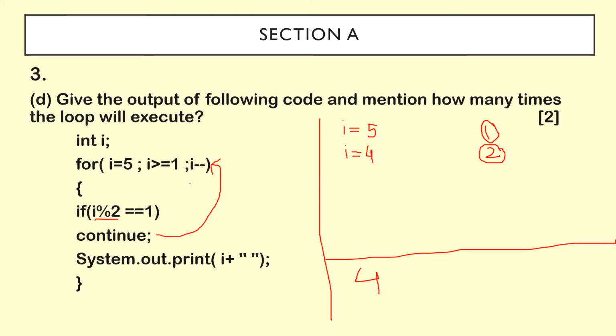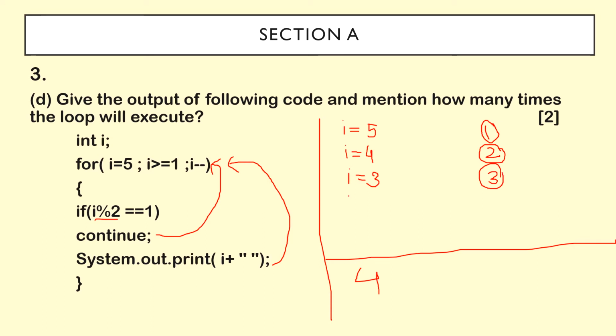After printing it will go back again to the for loop. Now I minus minus, so I has become 3 now. 3 mod by 2 is 1. So it will not print but it will continue again. So the loop has run for the third time.